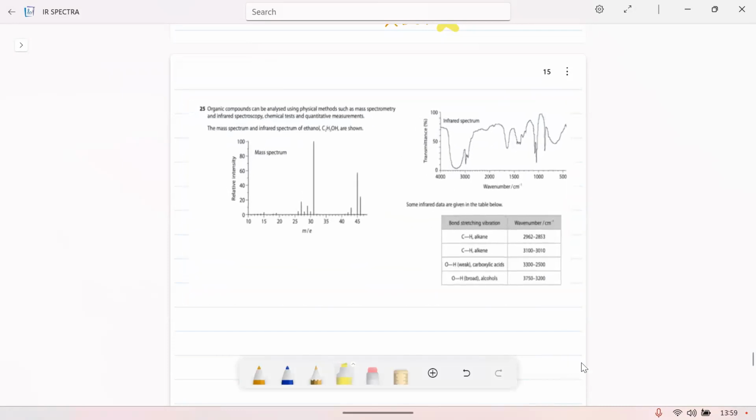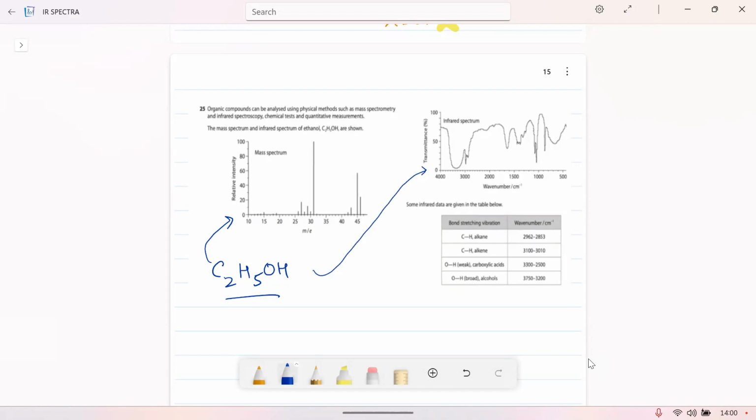They have given you the alcohol already, that is C2H5OH, and they are asking us to justify that this is the mass spectra of C2H5OH, and this is the IR spectra of this molecule.